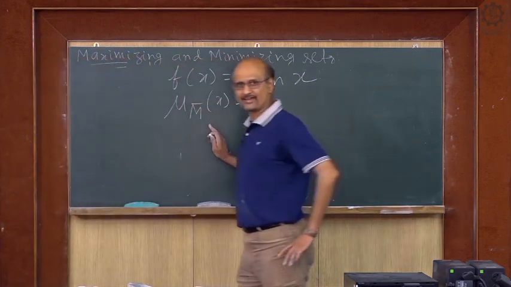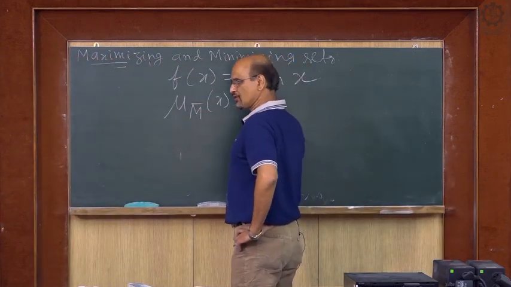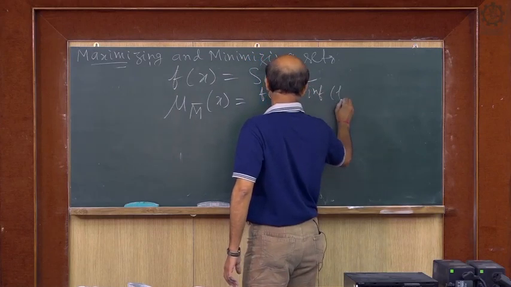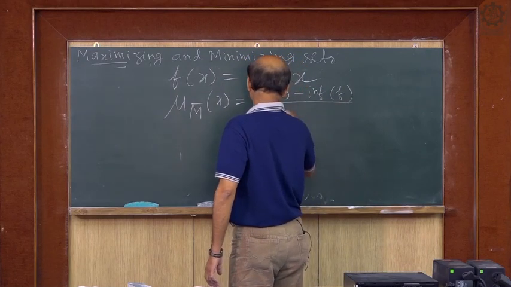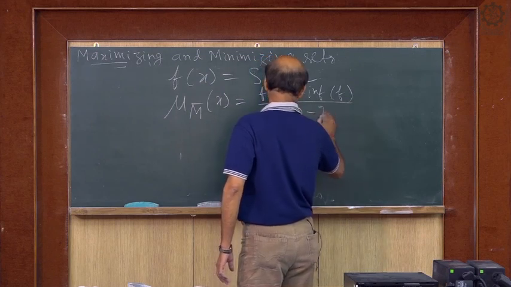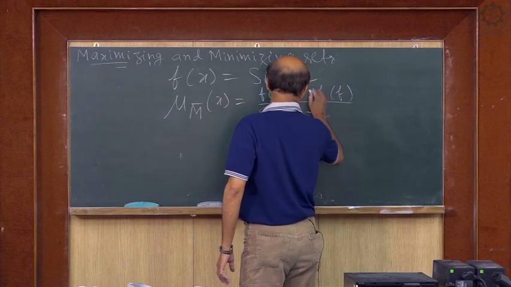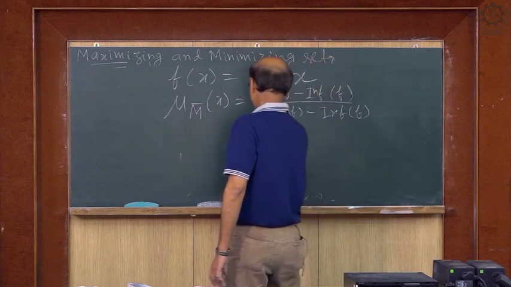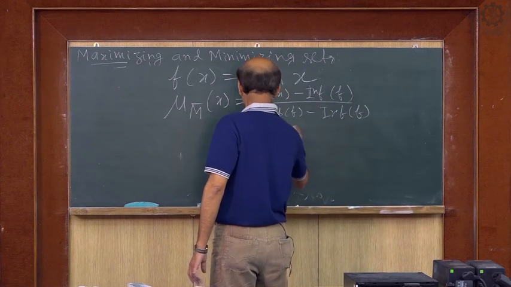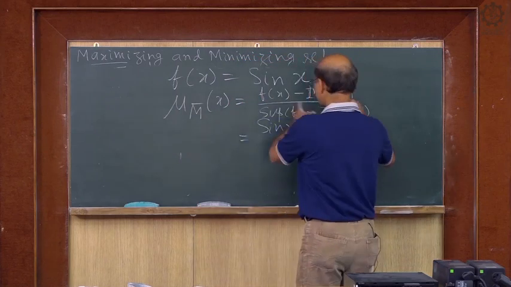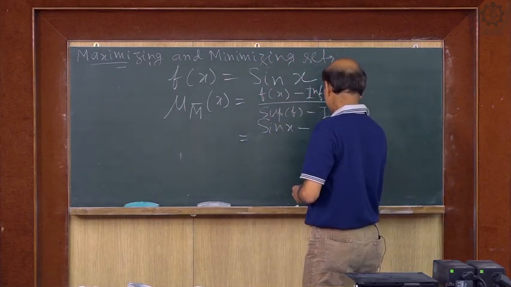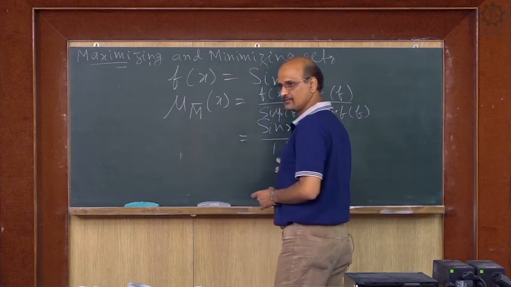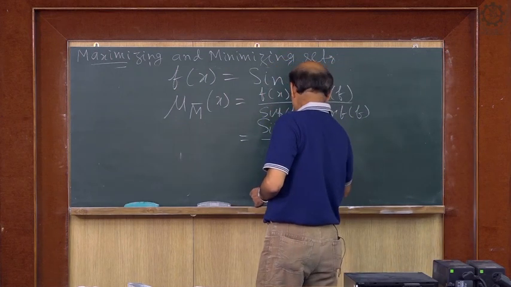So mu m bar x is equal to f(x) minus inf of f, by sup of f minus inf of f. f of x is sin x, minus infimum of f; infimum of sin x is minus 1, and supremum is 1, so supremum of f minus minus 1.